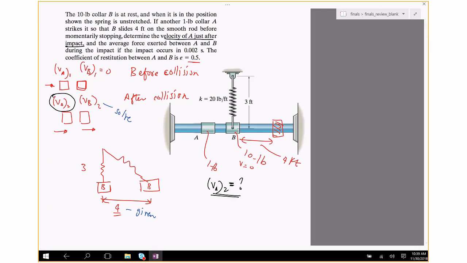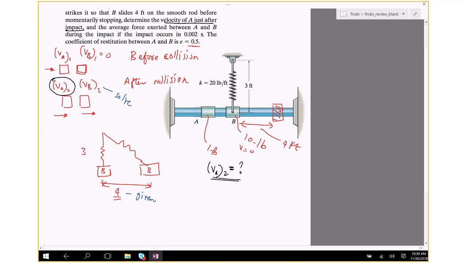Is it not easier to go forward? You could, yes. If you want to go forward, that's fine too. You just end up with a lot of unknowns. With restitution, your VB final becomes your VB initial, and you can use work energy.